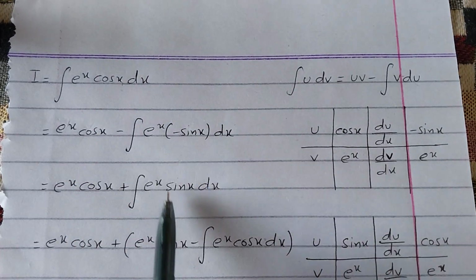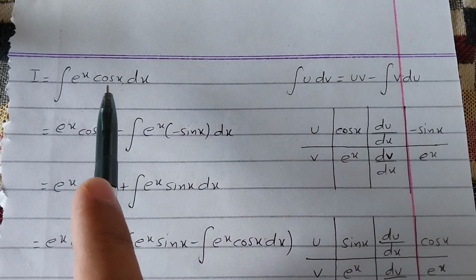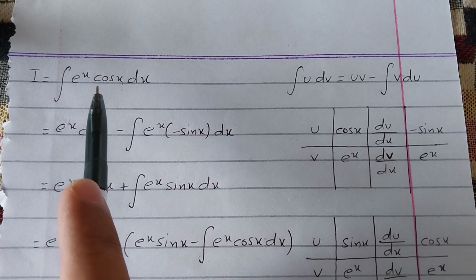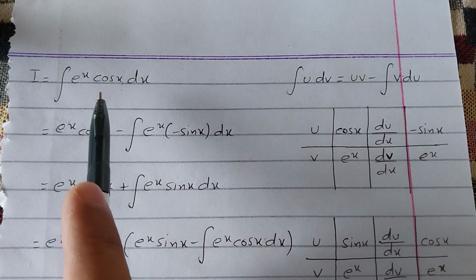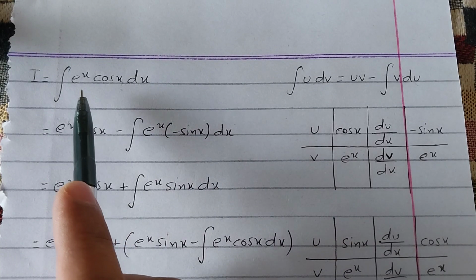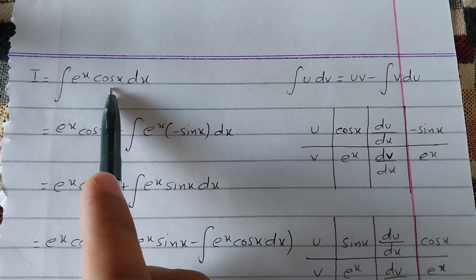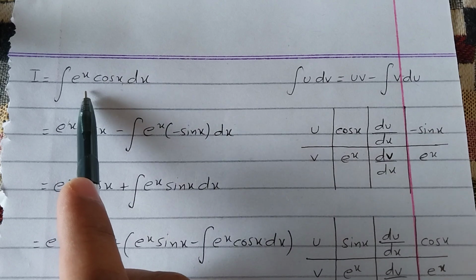because normally we consider that function as dv by dx, which we can easily integrate. In this particular case, we can easily integrate cos x or e to the x.